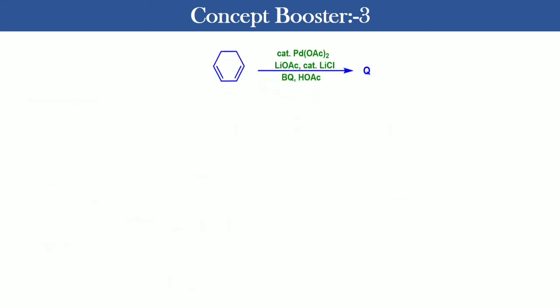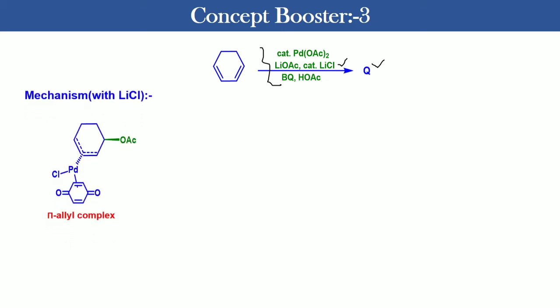Now in the second case, cyclohexadiene in presence of a catalytic amount of lithium chloride and the rest of the reagents gives Q as major product, and here is the mechanism. You can see in the pi allyl complex the palladium center is no longer connected to acetate ions, because in presence of lithium chloride the chloride ions displace the weaker ligand acetate, and the stronger palladium-chlorine bond is formed.